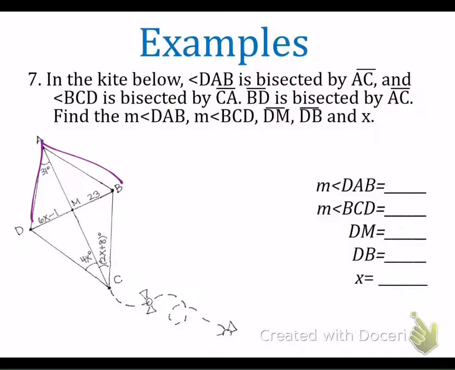Angle BCD, so now we're on the other side of the kite, is also bisected by that same segment, right? All right, so segment BD bisects AC, so the segments bisect each other.